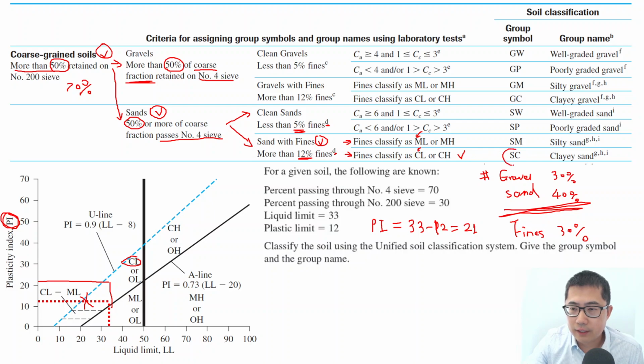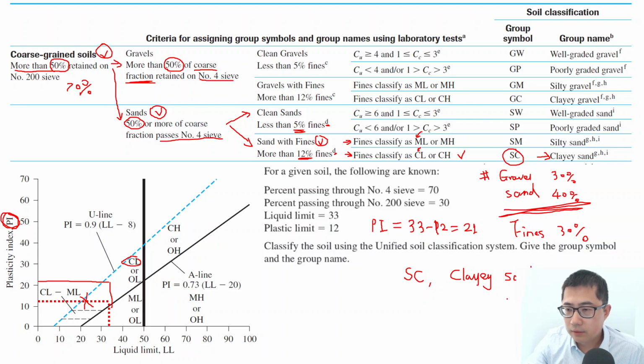And we'll have SC, classified as clayey sand. So you can pretty much put down the SC, which is the group symbol, and then put down clayey sand as your group name.